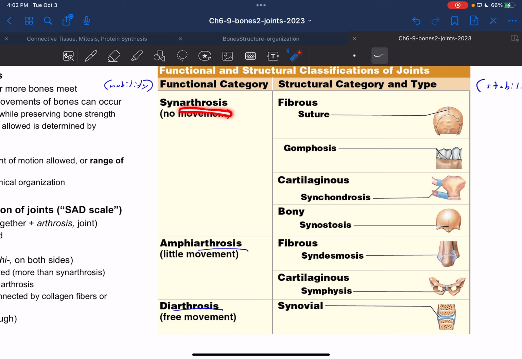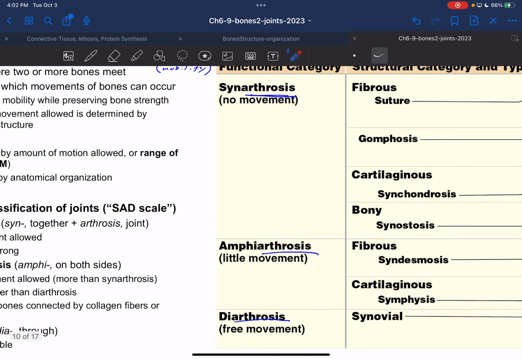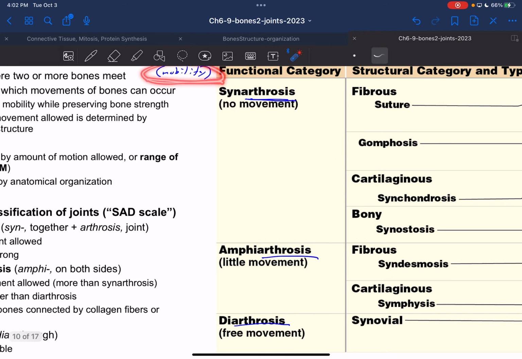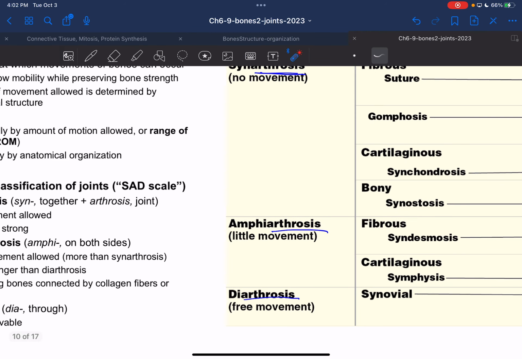So with that, this side is going to be mobility. Synarthrosis implies no movement. So very low mobility, if anything, it's absent. Then we have little movement, amphiarthrosis. And then finally, we have diarthrosis, which are the most mobile joints.